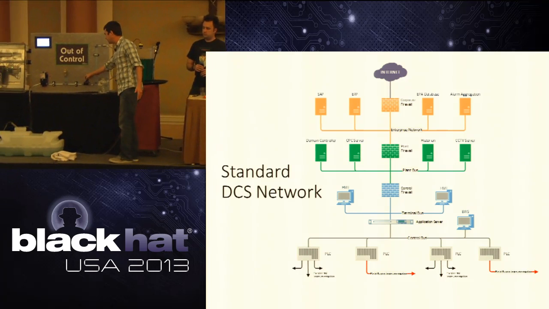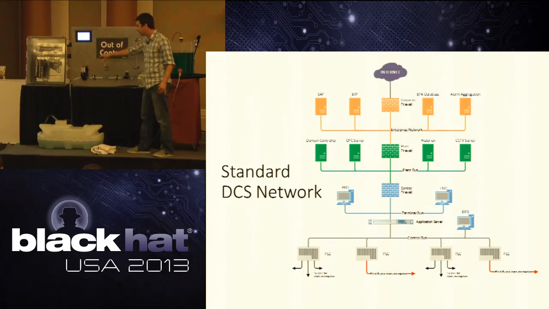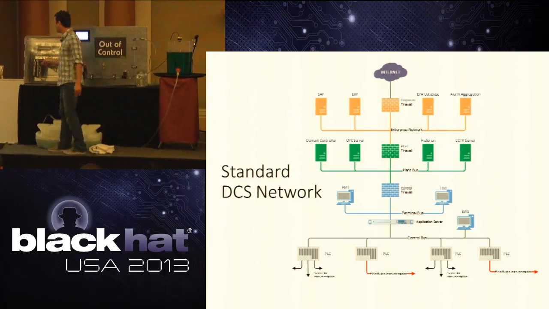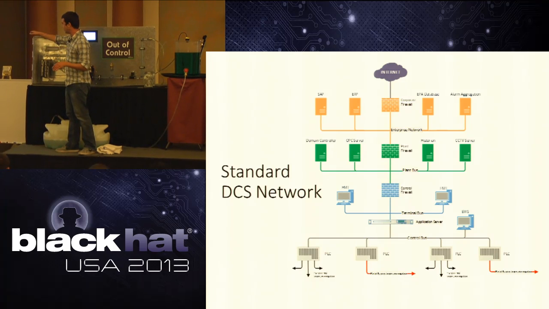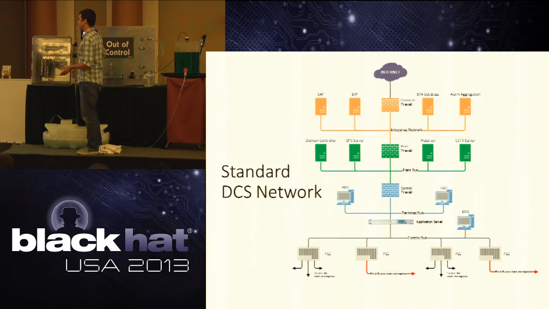This field instrumentation is controlled by the controller itself. The controllers, or the PLCs as we call them, communicate with each other over this control bus, and we go up to the HMI, which is right here, and then we go on the plant bus, and that's kind of where the plant LAN is right there.